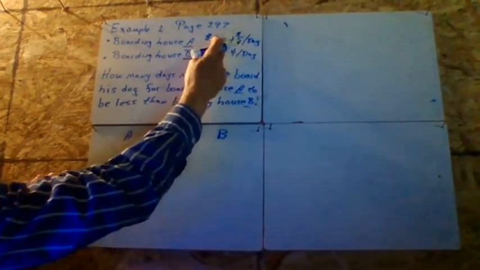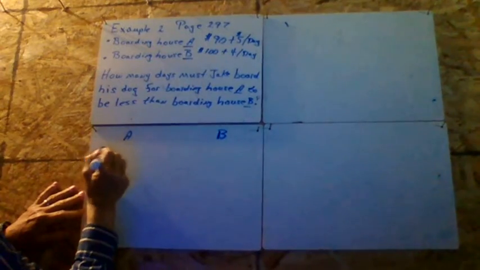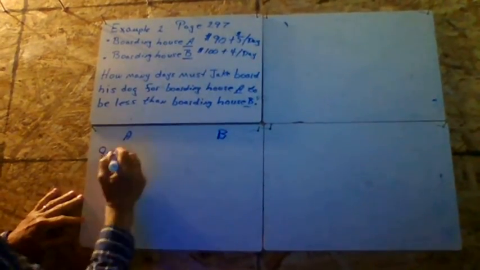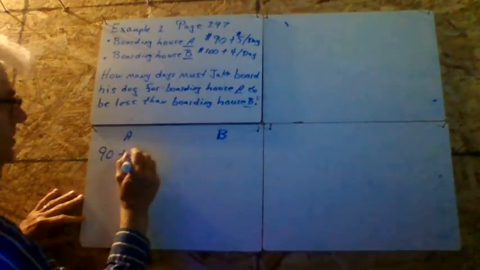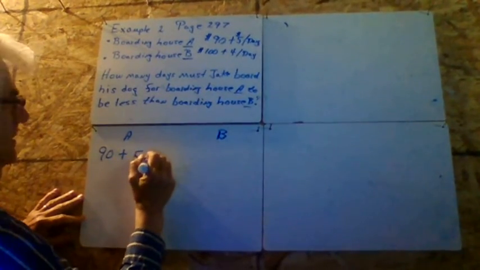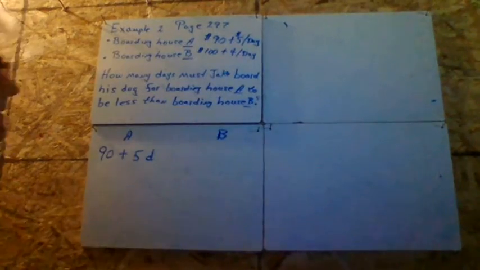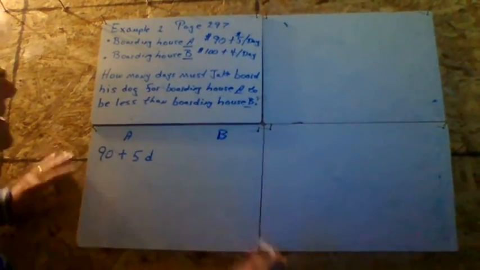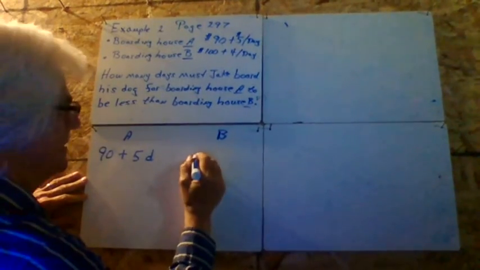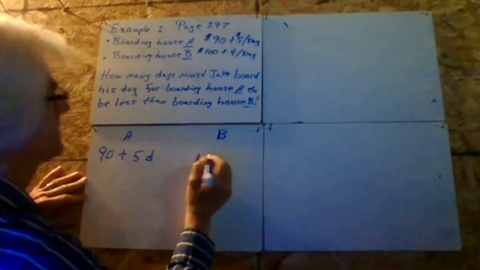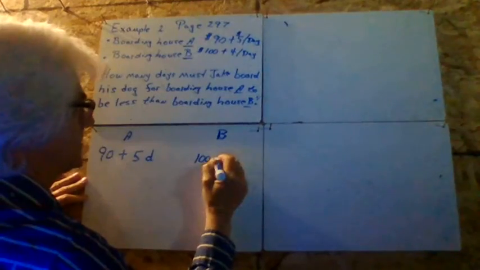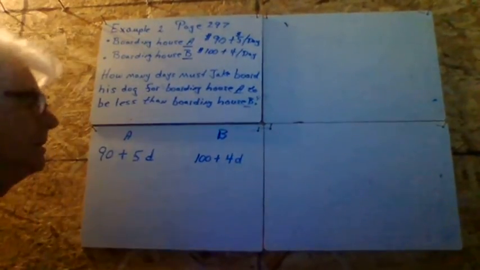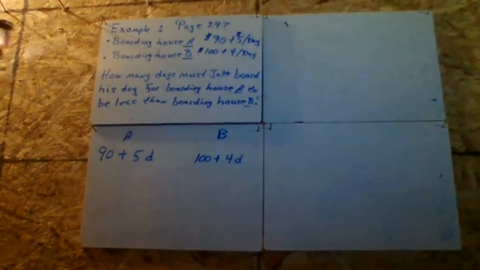I have $90 plus $5 per day, and I'll use my variable, I'll call it D for a day. Now I'm going to look at boarding house B. They're going to charge me a flat fee of $100 plus $4 a day.